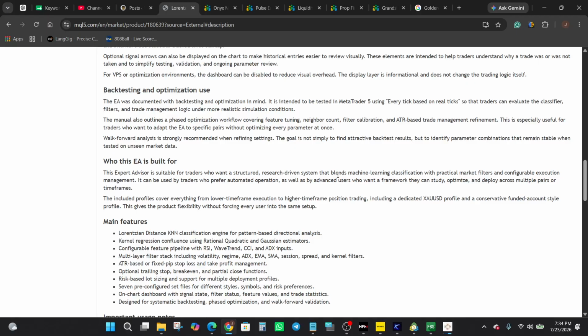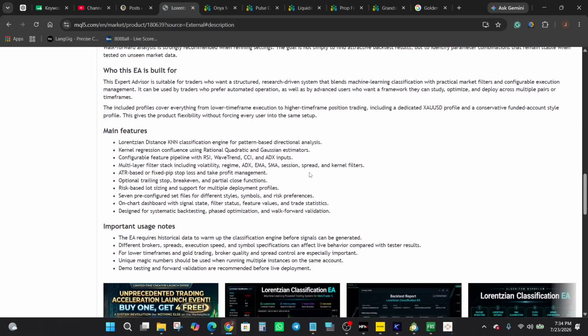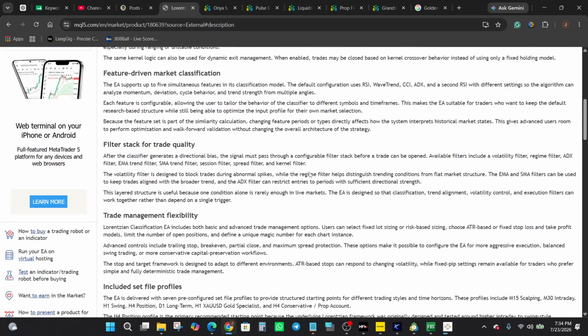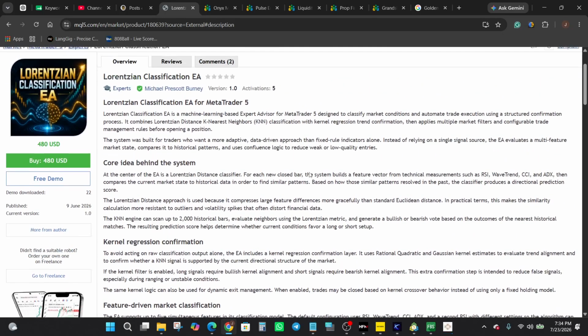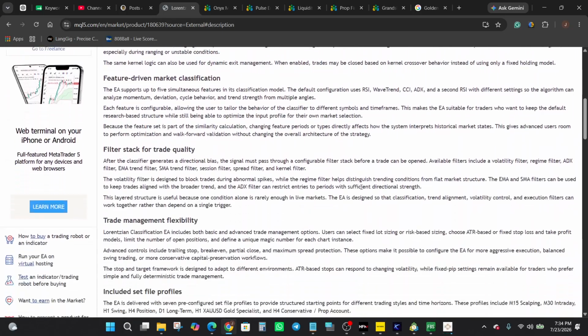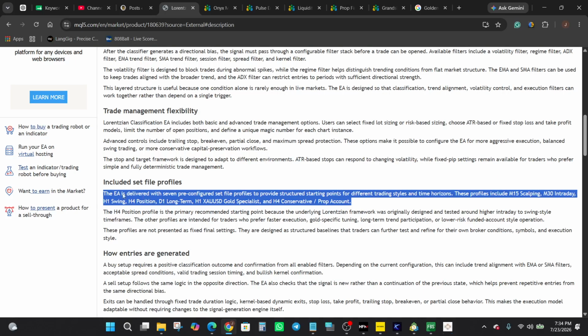Looking at the developer's notes, the EA ships with 7 pre-configured set file profiles, including M15 scalping, M30 intraday, H1 swing, H4 position, D1 long term, H1 XAUUSD gold specialist profile, and an H4 conservative prop account setup.